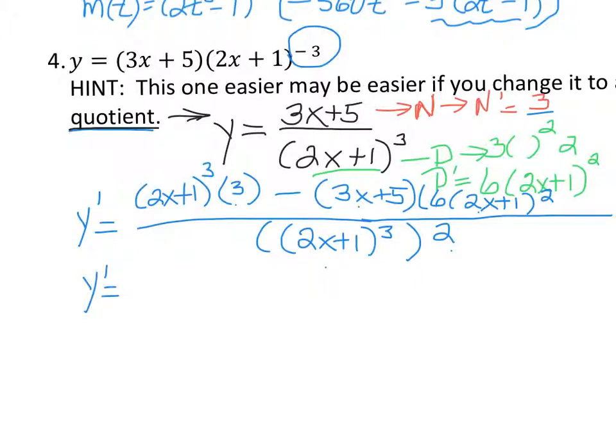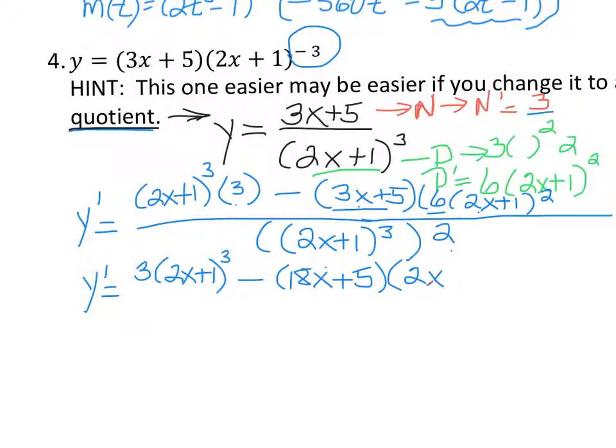So then y prime is going to be equal to 3 times 2x plus 1 cubed minus, and I'm going to take this 3x plus 5 times this 6 and call that 6 threes is 18x plus 5, just for the sake of not having too many parentheses, times 2x plus 1 squared, all divided by 2x plus 1 to the third power times the second power is going to make that 2 times 3, or 3 times 2, is 6.